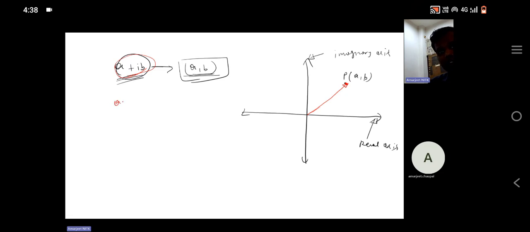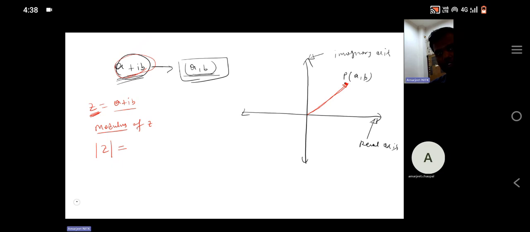If you denote a plus iota b as z, where z is a complex number, then modulus of z is denoted by mod z, and this is nothing but the length of this radius vector.